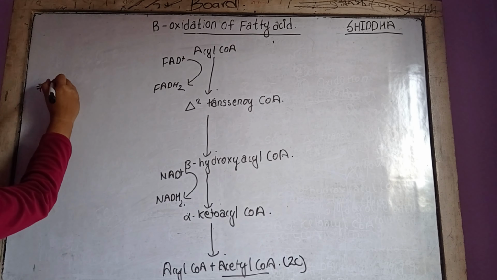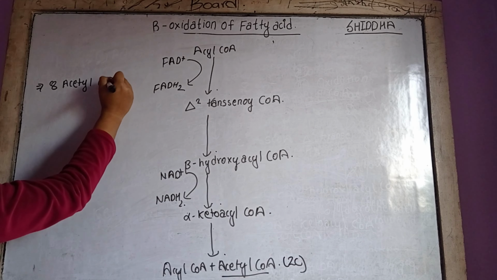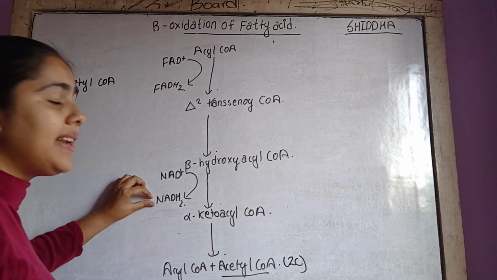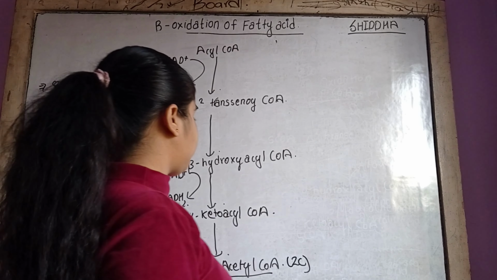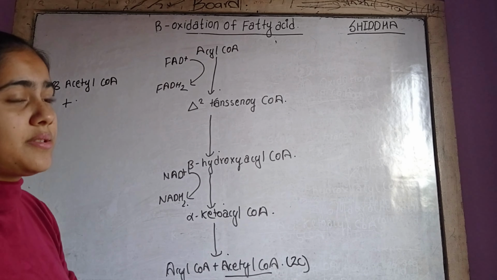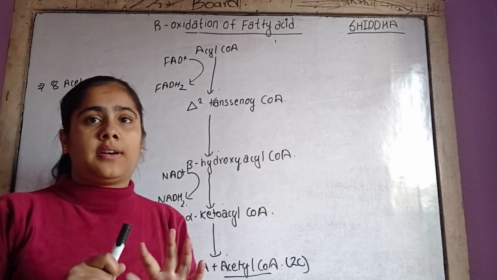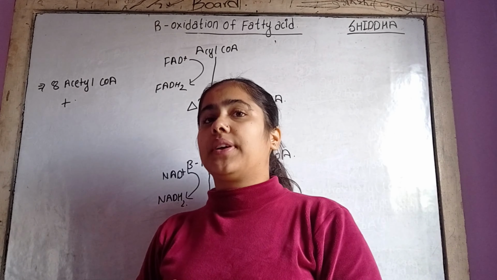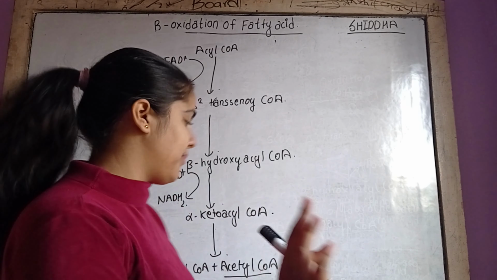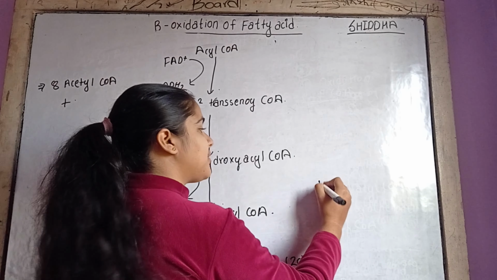So 8 acetyl coenzyme A plus FADH2 and NADH2 for the energy. If the fatty acid was palmitoyl coenzyme A, then there must be altogether 7 reactions, as I have already told there are altogether 8 acetyl coenzyme A. But at the last reaction, remember here we have written acyl coenzyme A because the R was not defined.